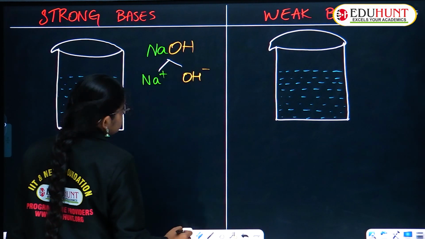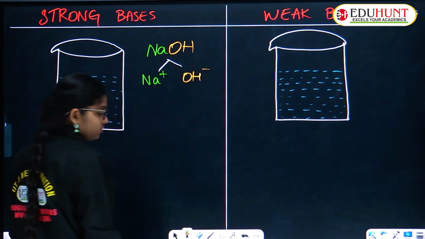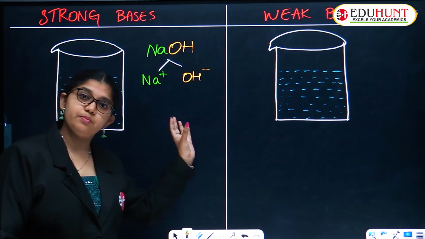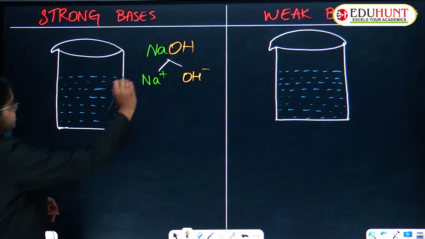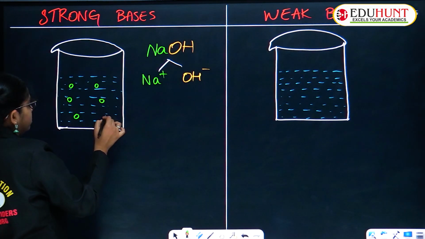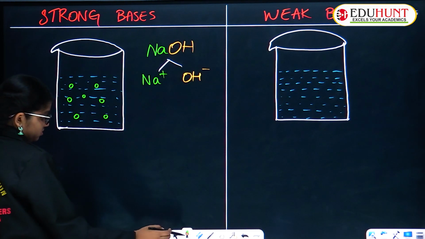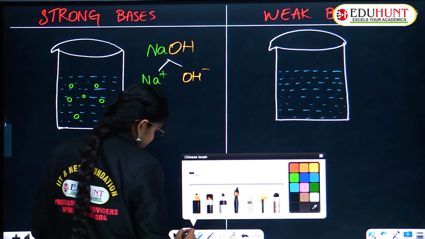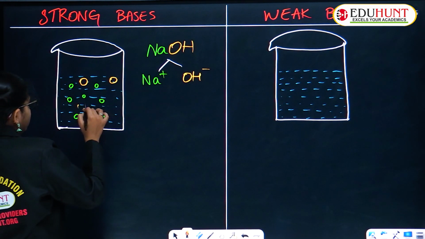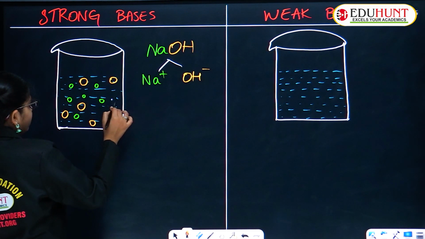So in the particular beaker, if I add NaOH, the sodium ions are separated, and the OH minus ions are also separated like this.